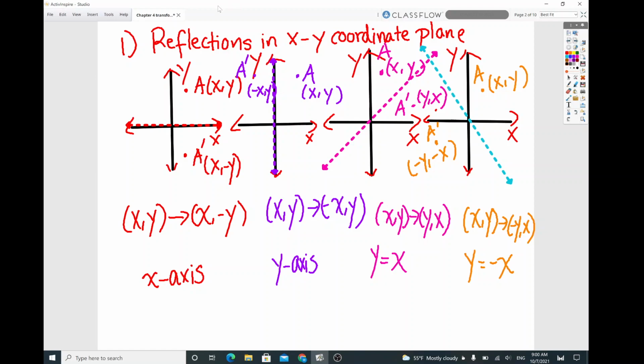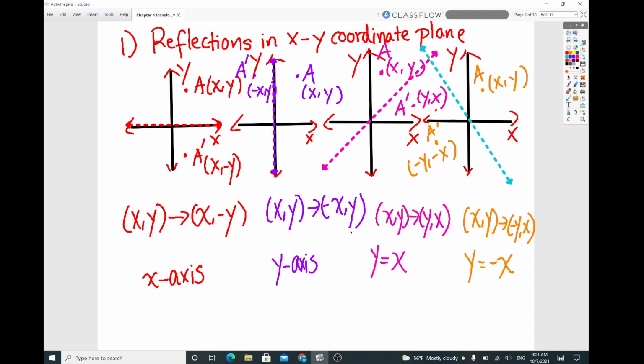As you can see the mapping here, the arrow means the mapping. So x comma y maps to x comma negative y. The only thing that has been changed here is the y value. If it's positive, we just negate it, converting it to its opposite, negative. So for the reflection over the x-axis, let's say we have point A, x comma y, it turns out to be A prime, x comma negative y.